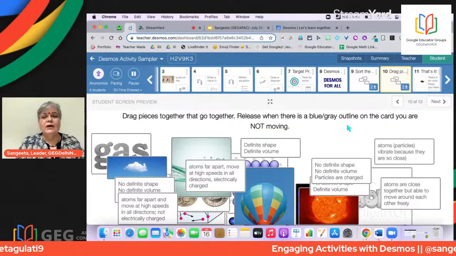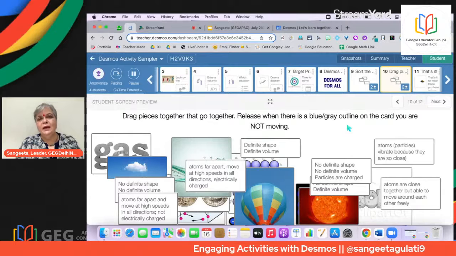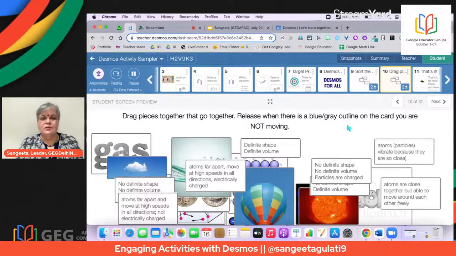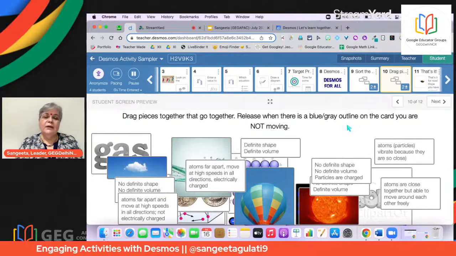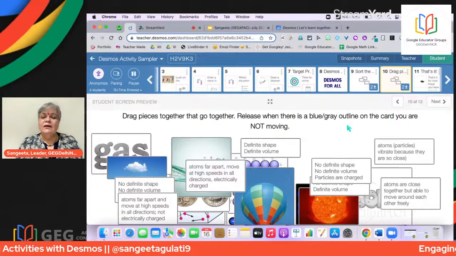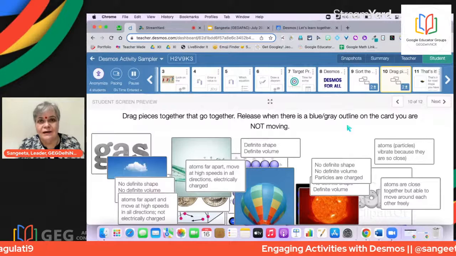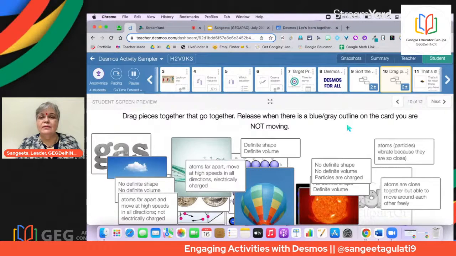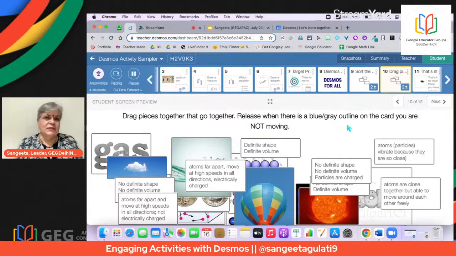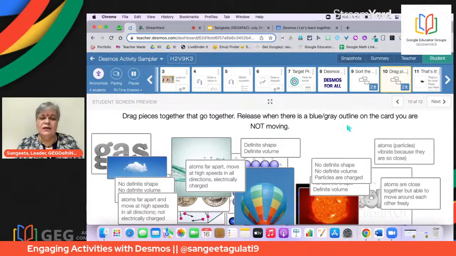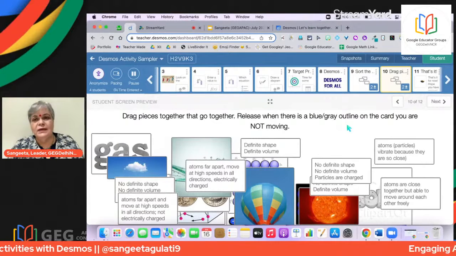So again, card sort is something that can help students review a particular concept that they have learned, can help them get the definitions clear in their mind, and can also be a quick formative assessment. So try to think about this. They can all be created with these.